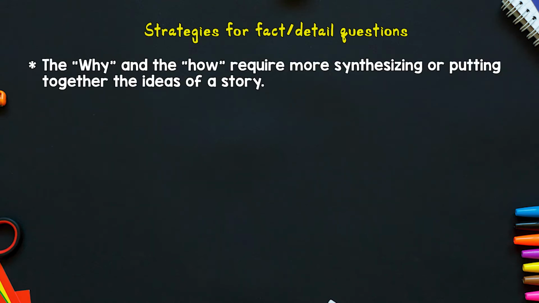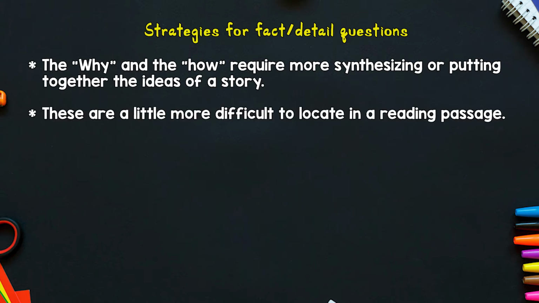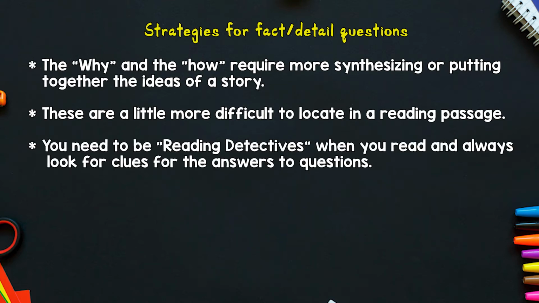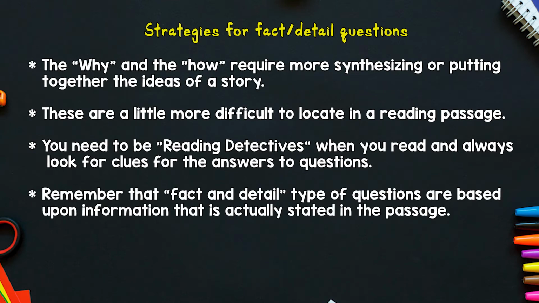However, the why and the how requires a little more putting together or synthesizing of the ideas in the story. These are a little more difficult to locate in the reading passage. You need to become reading detectives, where you read and always look for the clues for the answers to the questions. Remember, a facts and detail type question is based upon information which is actually stated in the passage.